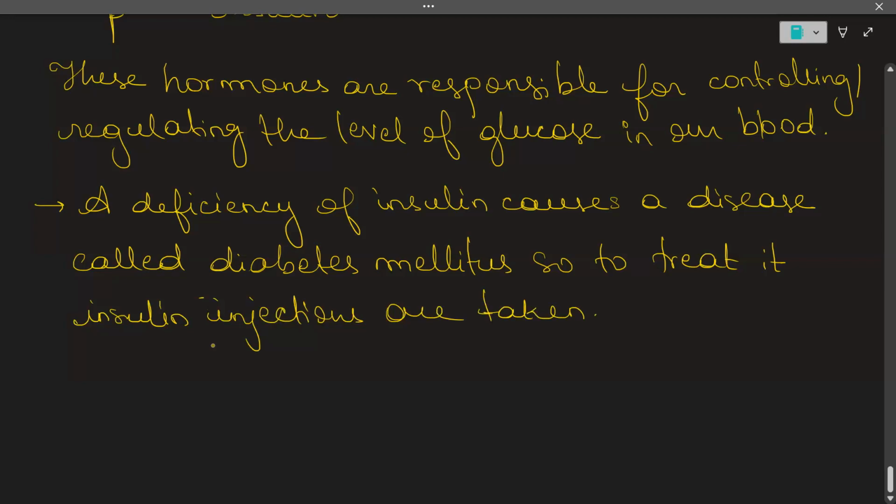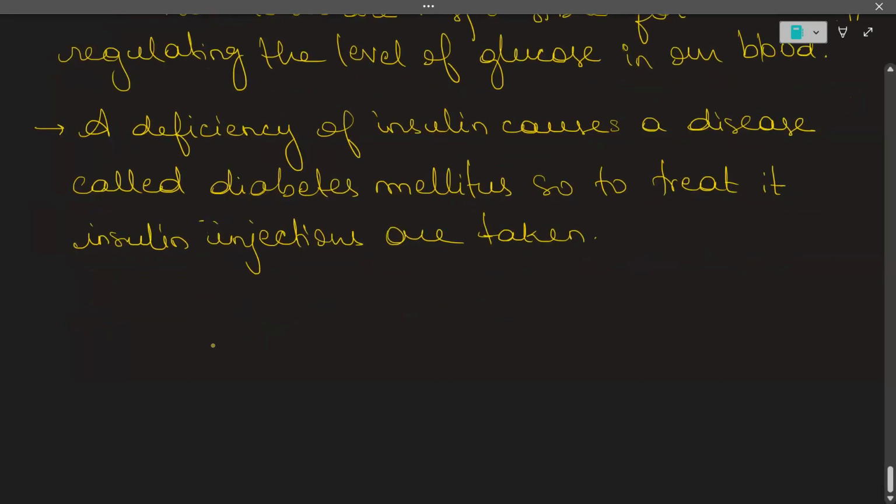Now, what used to happen is that insulin for diabetes, very early on, when it was synthesized for selling, was extracted from the pancreas of slaughtered cattle and pigs, meaning cows, buffaloes, and pigs that had been killed.